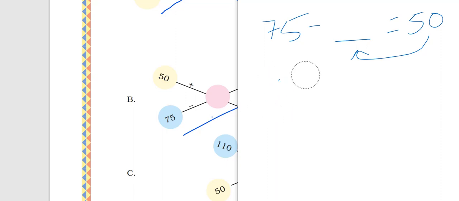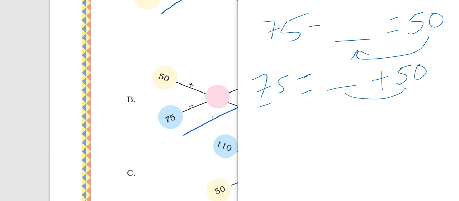Let's put it this way: 75 equals dash plus 50. So when we add this number plus this number, we get 75.